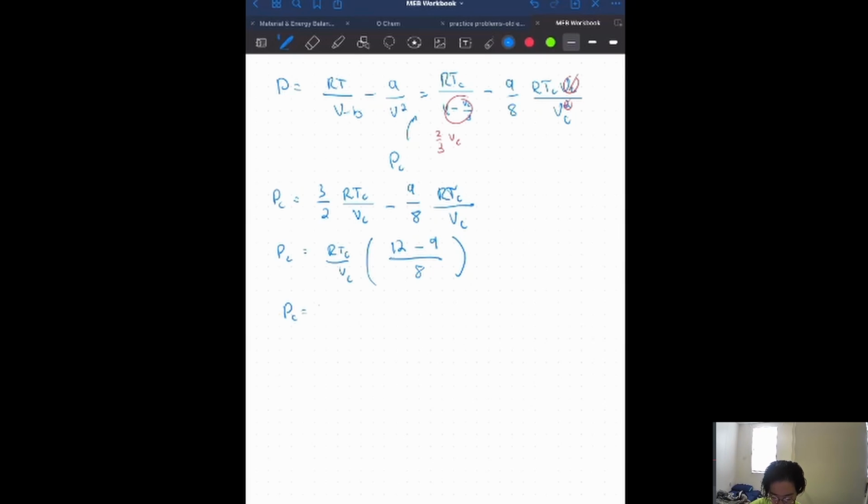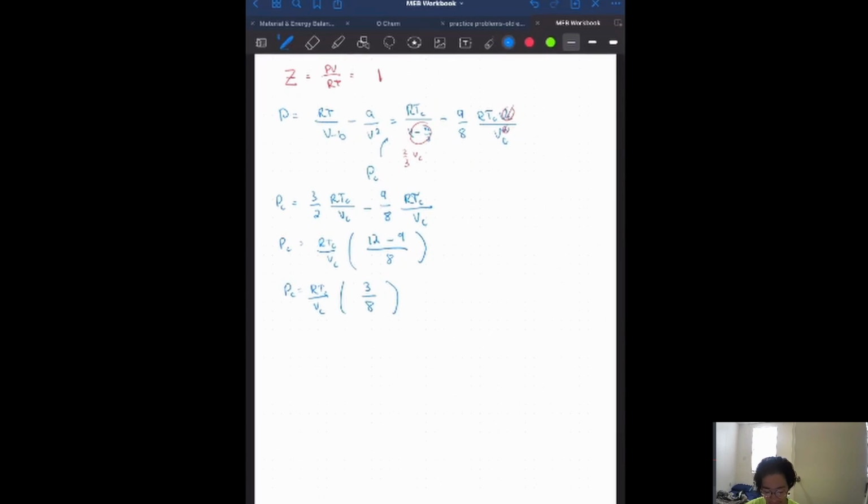PC equals RTC over VC times, my mental math is not great, but we now have the coefficient of 3/8. Look at that. We have, let's get the laser pointer, we have all the terms. That is the expression for compressibility factor. Let's get it into that form. Okay, so now PC times VC over RTC. Look at that. That is now the same form as the expression for compressibility factor, and it's equal to 3/8.